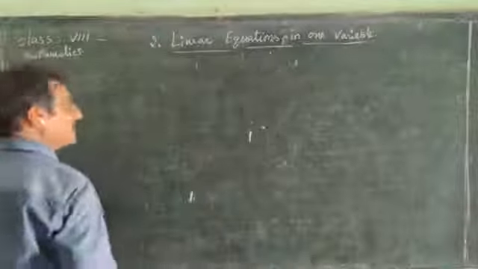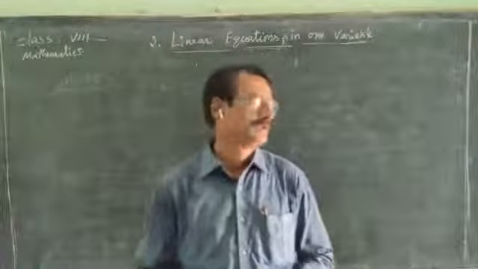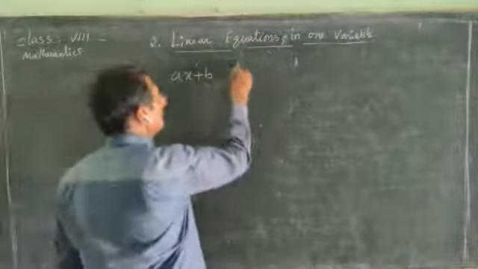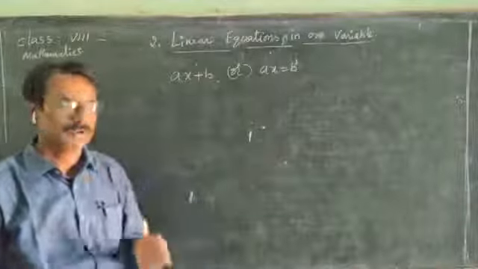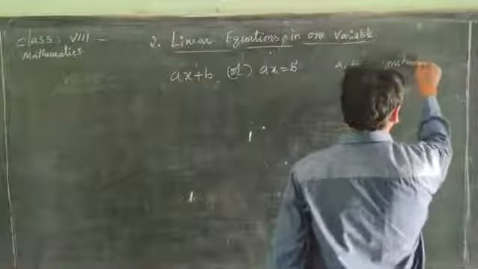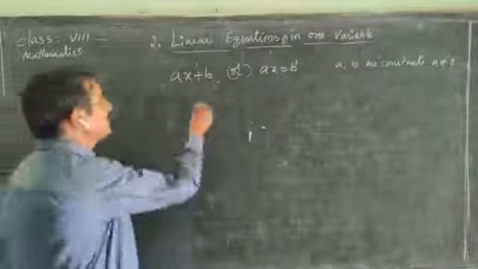Now we are going to another one: the general form of a linear equation in one variable, or how the general form of a simple equation looks. ax plus b equal to 0, or ax equal to b, where a and b are constants and a is not equal to 0, is called a simple equation.